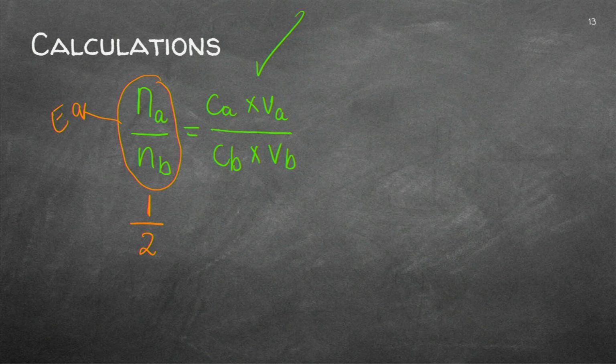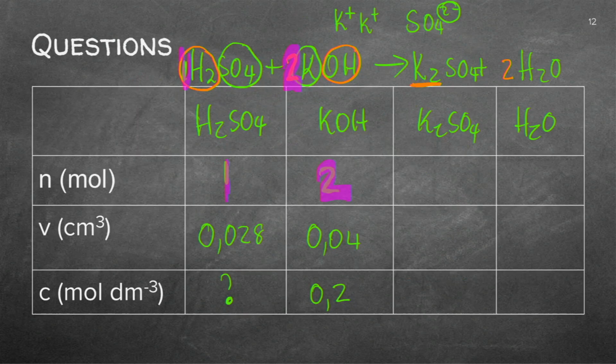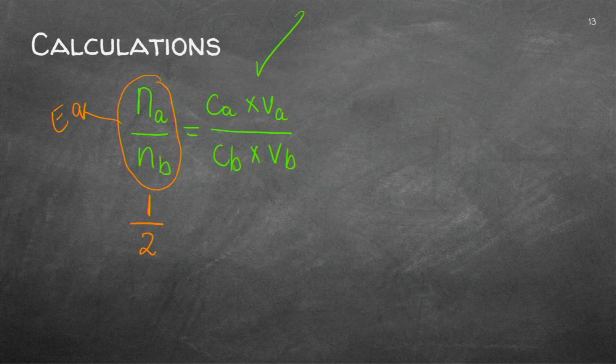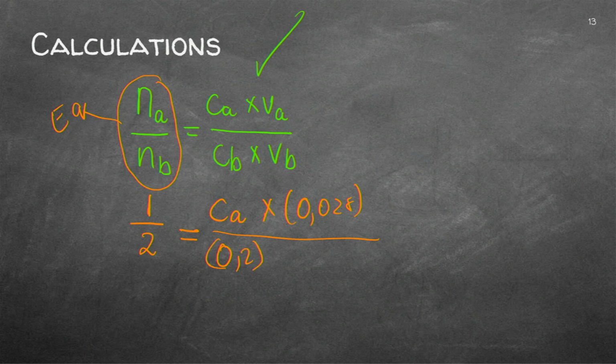Let me quickly show you. In this, that you see there, the 1 to 2 ratio. So I've got the 1 to 2 ratio. I've got the acid concentration to calculate. I've got the volume. I've got the concentration of the base. They gave me that. And they gave me the volume.